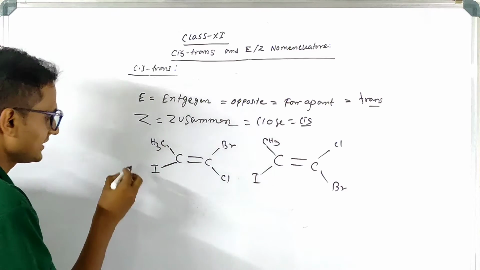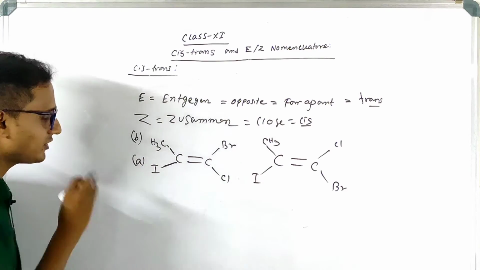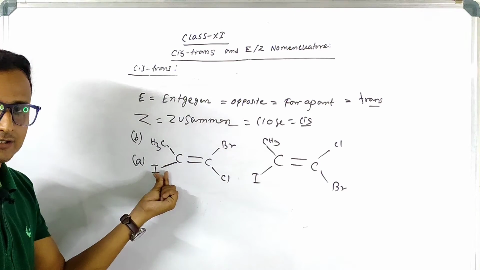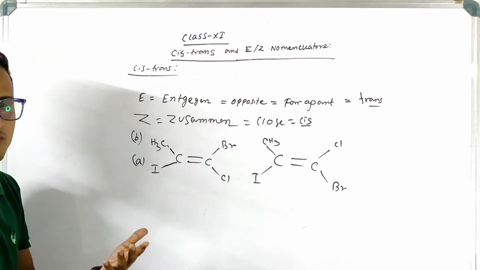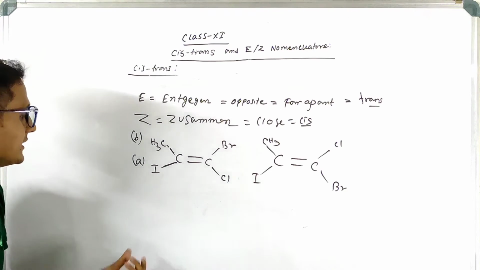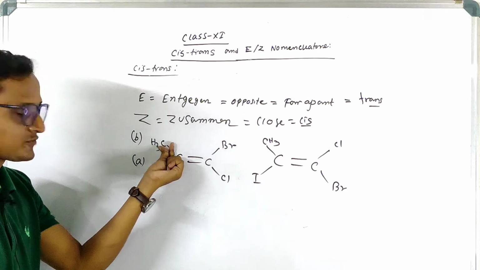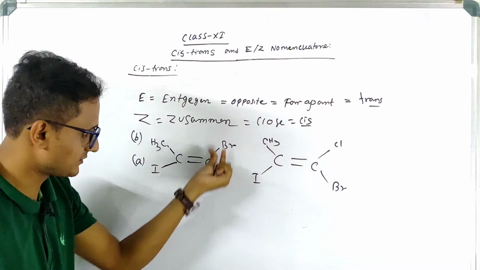So we'll write iodine as A and CH3 as B, because the atomic number of carbon is less than iodine. The priority order is given to the atom or group having the higher atomic number. Here iodine has more atomic number than carbon, so it gets A and CH3 gets B. Now here also we'll see this carbon.